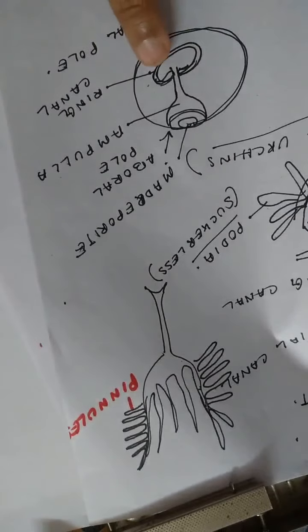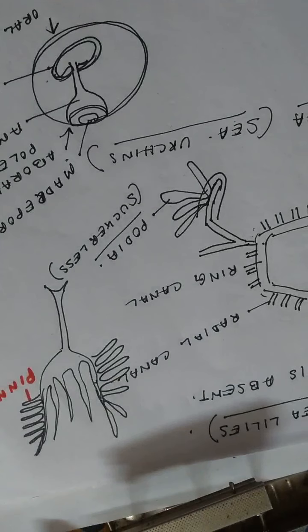So this is the ring canal. The ring canal leads to the radial canal.